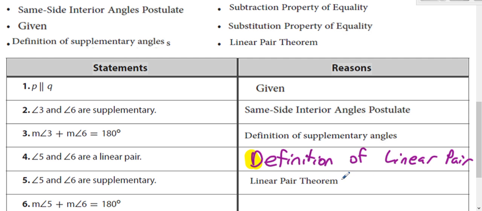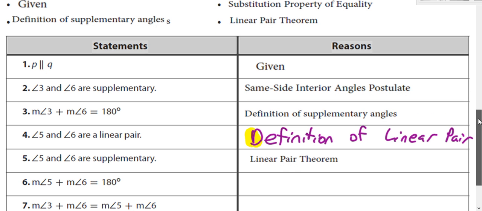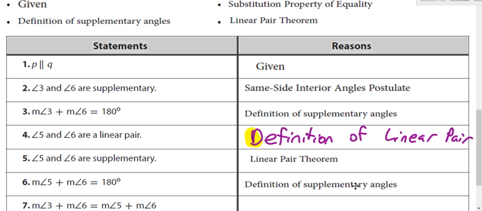The linear pair theorem says that since it's linear pair, they are supplementary. And then since they are supplementary, that's the definition of supplementary. They add to 180.